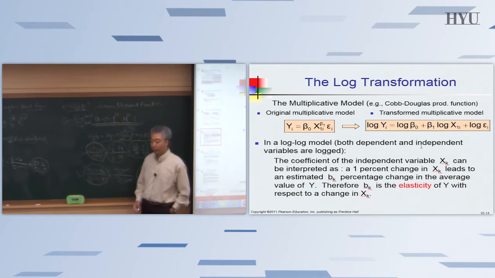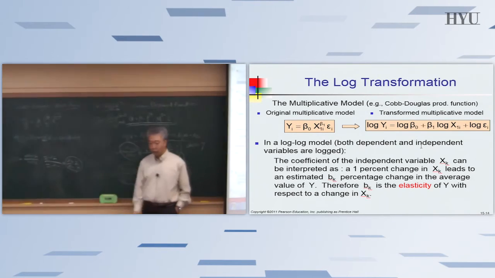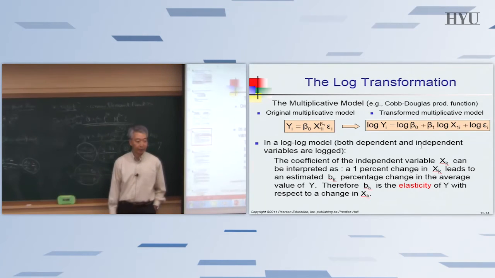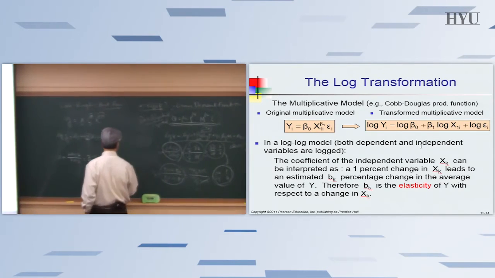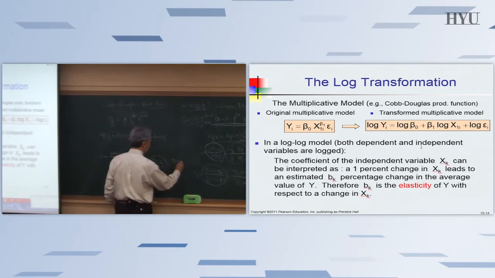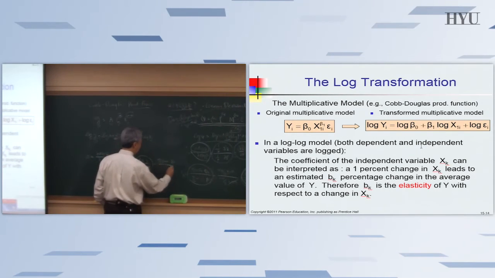So what does this measure? Percentage change in output over percentage change in labor. Right, that's percentage change in Y over percentage change in L.